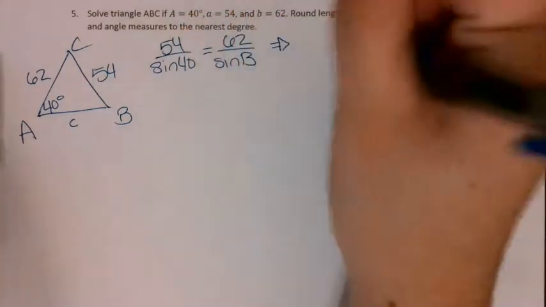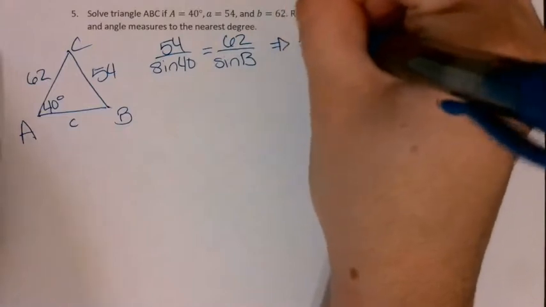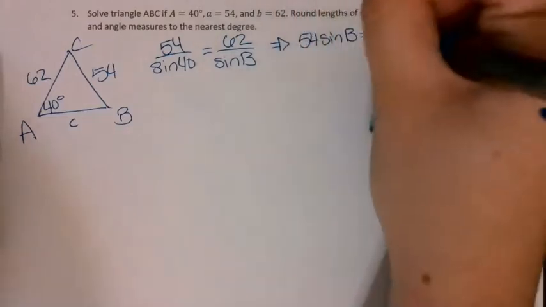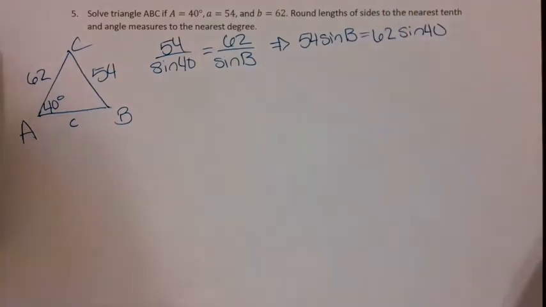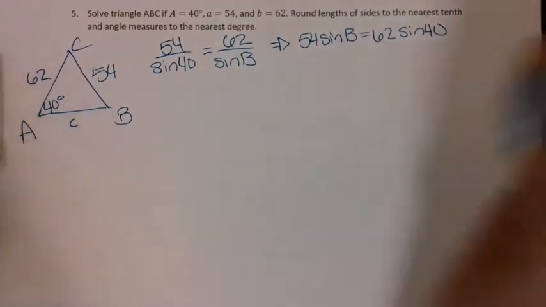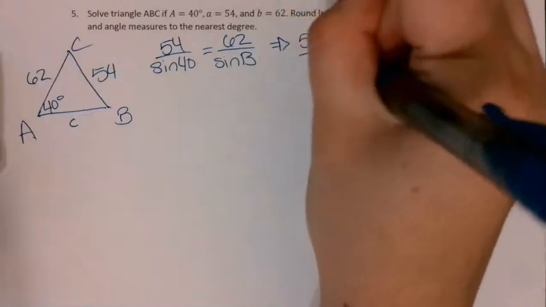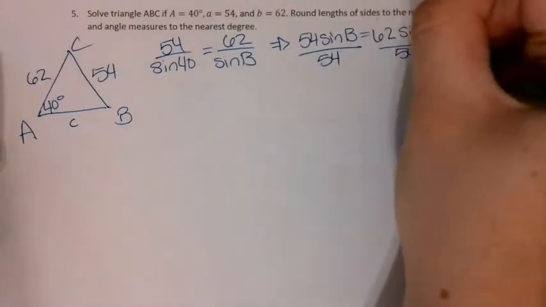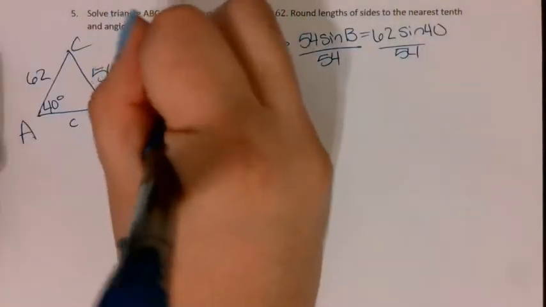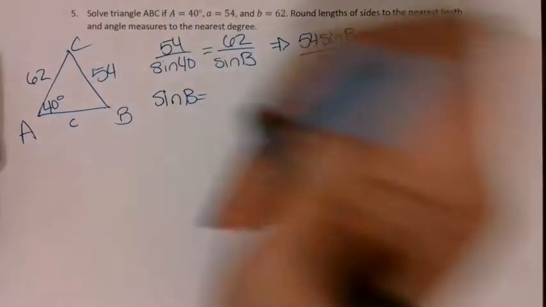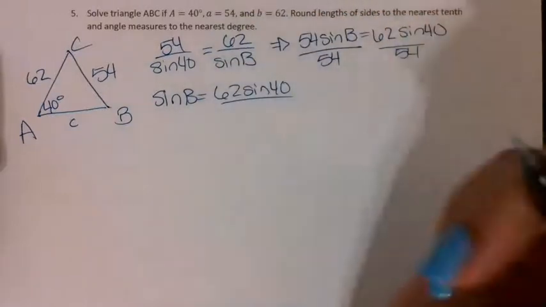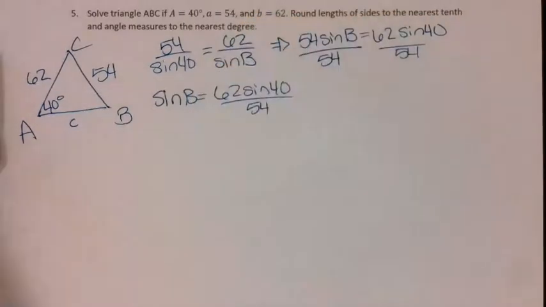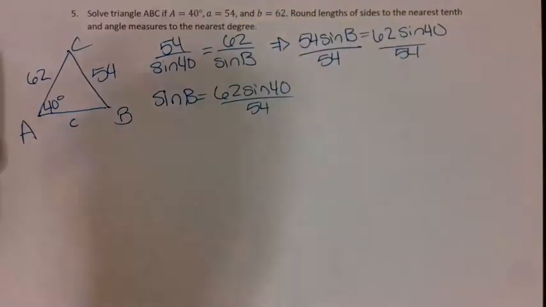I'm going to cross multiply. So I have 54 sine of B equals 62 sine of 40. Then what I want to do is get sine of B all by itself. So I'm going to divide by 54 on both sides. I'm left with sine of B on the left and 62 sine 40 divided by 54. I want to get B isolated, so I'm going to multiply by the sine inverse.